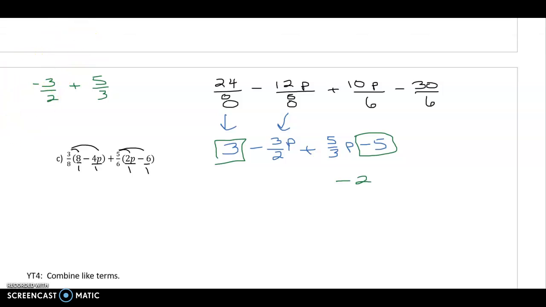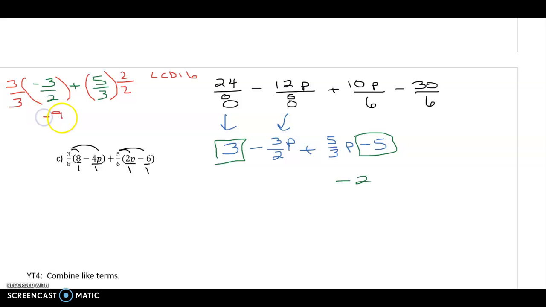Okay. All right, now we need to make common denominators between 2 and 3. So the LCD is 6. We're going to multiply this one by 3 over 3. We're going to multiply this one by 2 over 2.